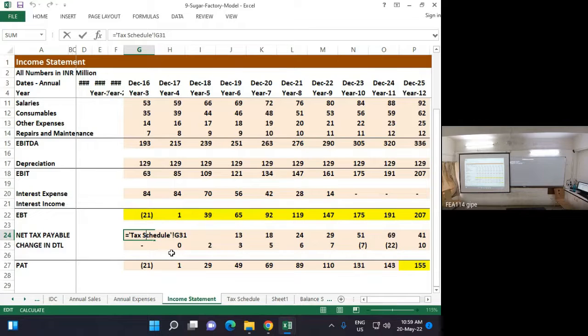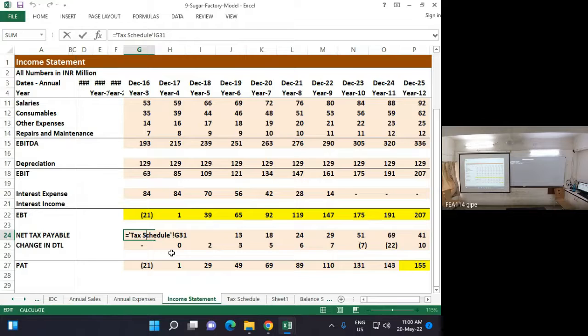Where is it? 31. 51. 24 and 25. Something went wrong.